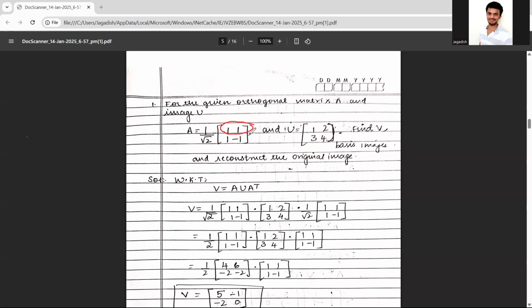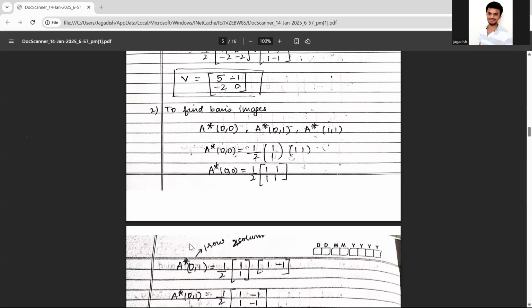A star 1 1 will be your second row. This you remember, students. A star 00 is your first row, and this will be your A star 1 1. So first you have to find A star 00.